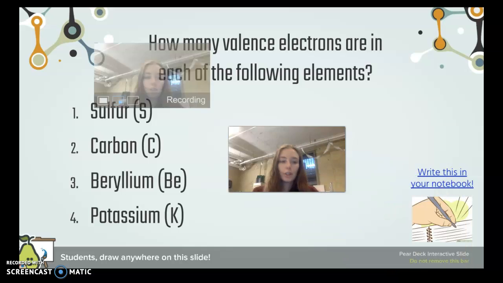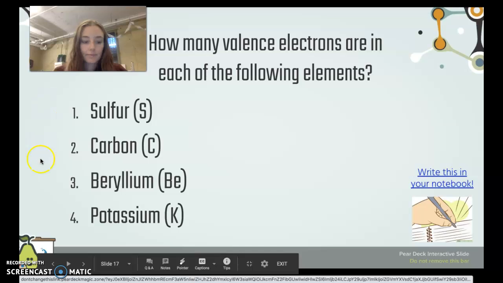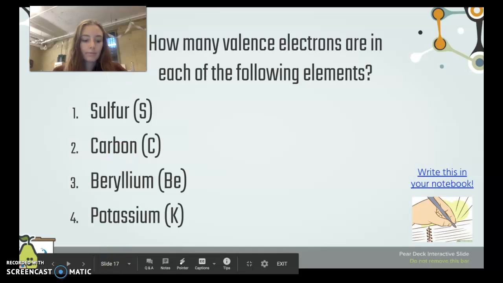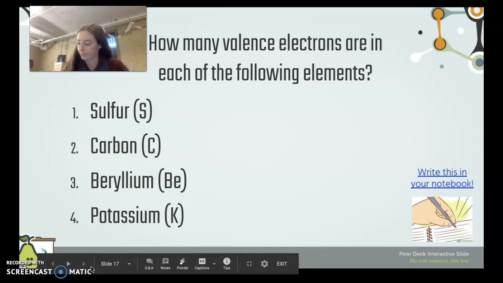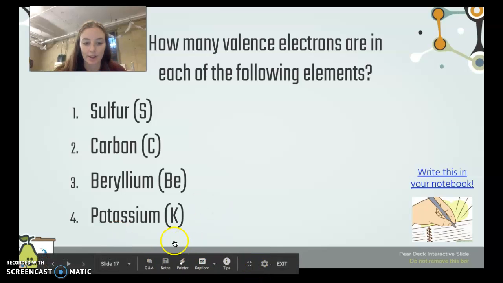So a little review. How many valence electrons are in each of these elements? Pause the video and write those down. The first one has 6 valence electrons because it is in group 6A, so you should have 6 written down for that.